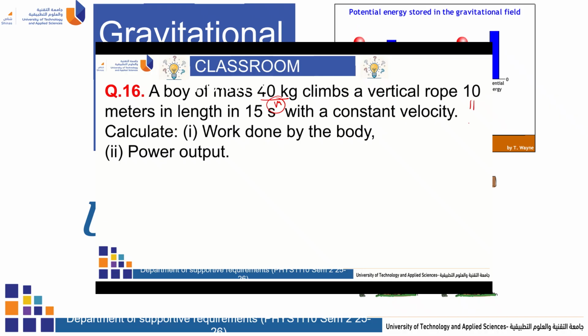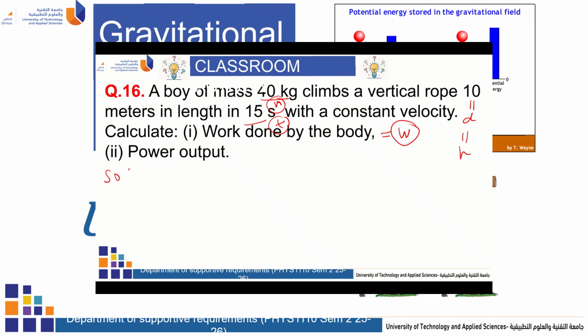This is some kind of distance, or you can say height. The rope is 10 meters in length, climbed in 15 seconds with constant velocity. Now they are saying calculate the work done by the boy. And the second point is, what is the value of the power.